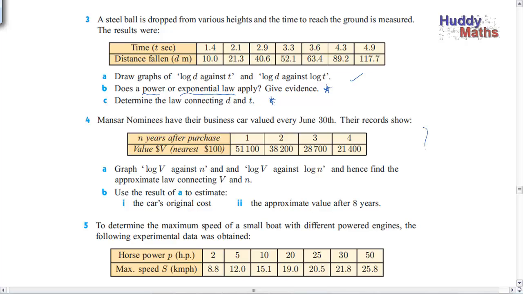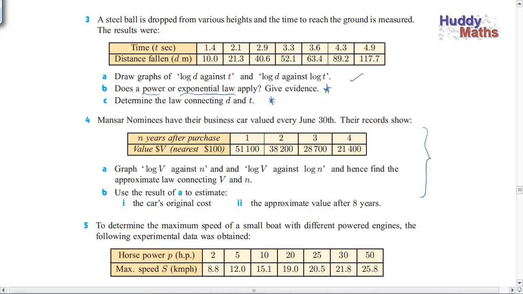So getting the idea of using the calculator to detect the type of law going by whether the log versus the independent variable is straight, or the log and the log gives a straight line. Okay, so pause the presentation and see if you can use the calculator now to determine what type of law it is and to get that actual law.